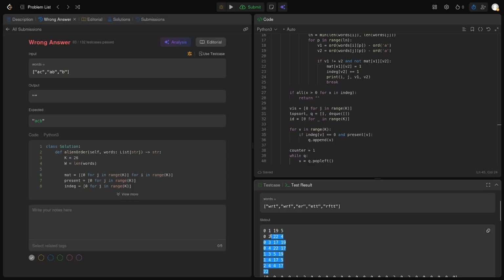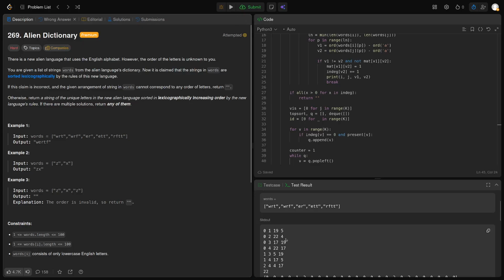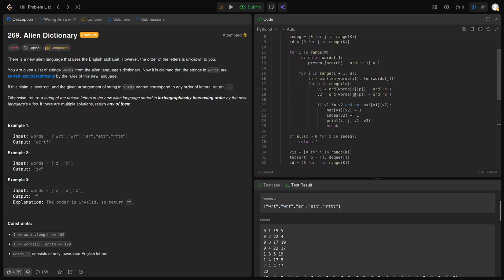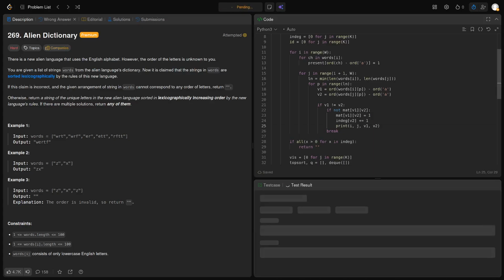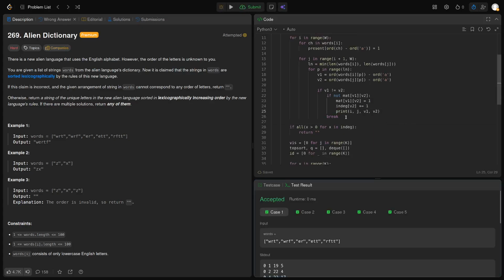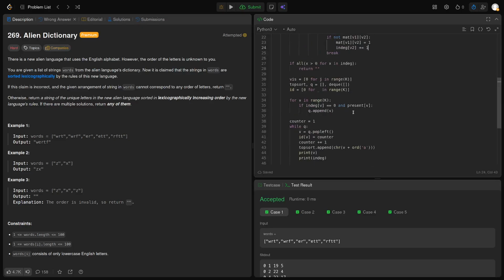Wait, there is a cycle, so T before F, and then you say there is a cycle, so no. Oh my god. If like that, okay, then I was double counting. That's crazy.